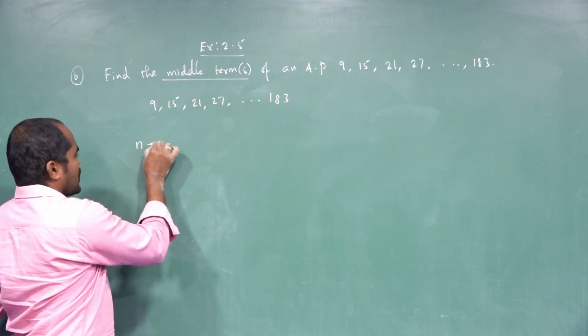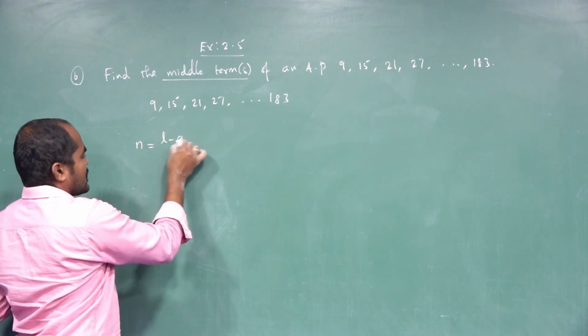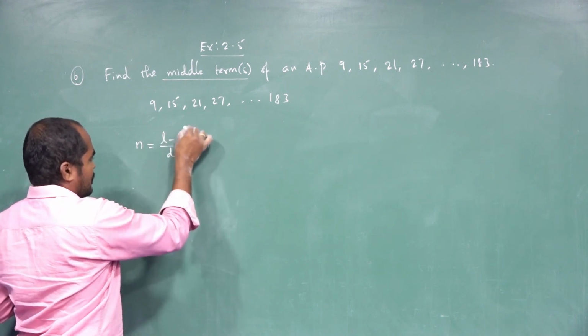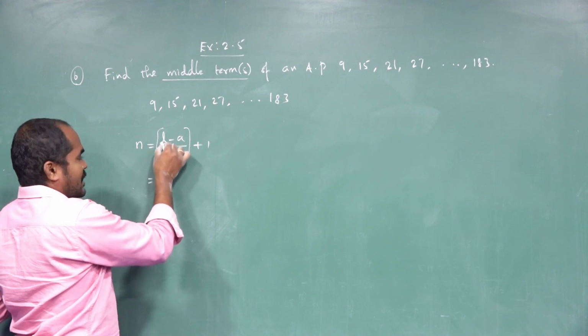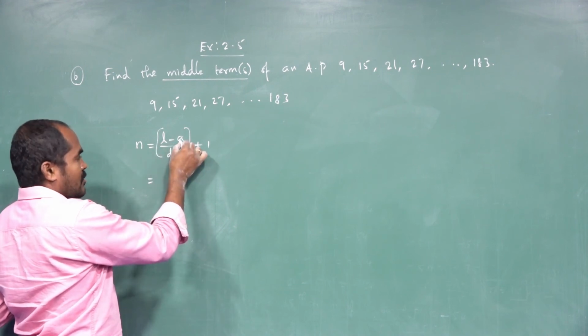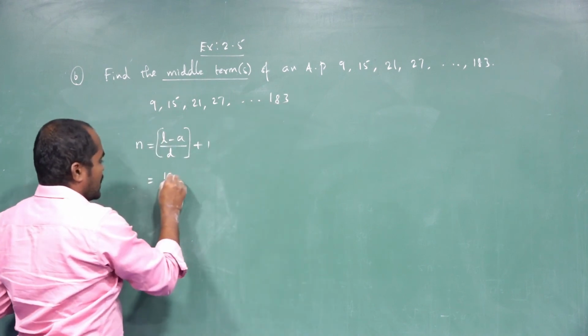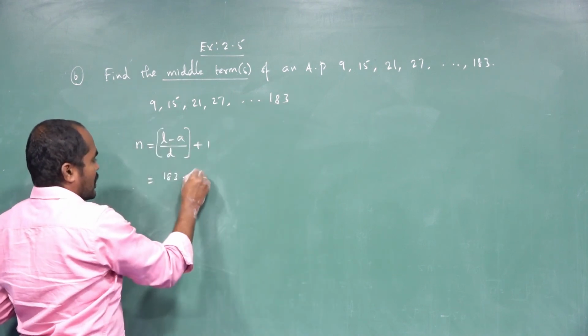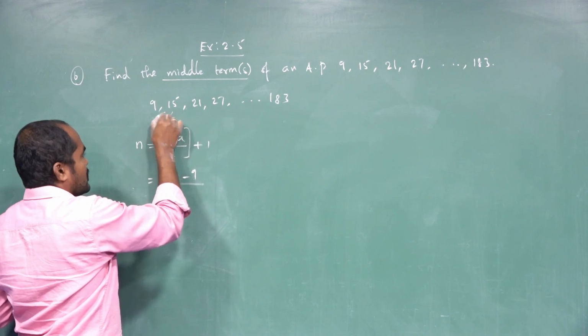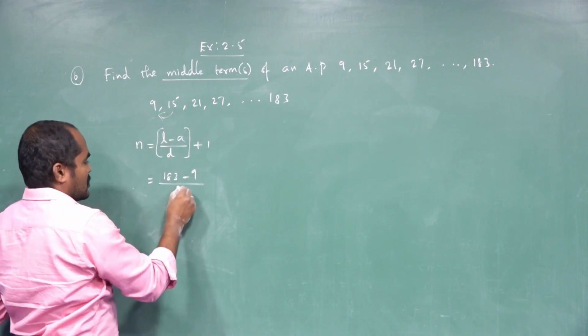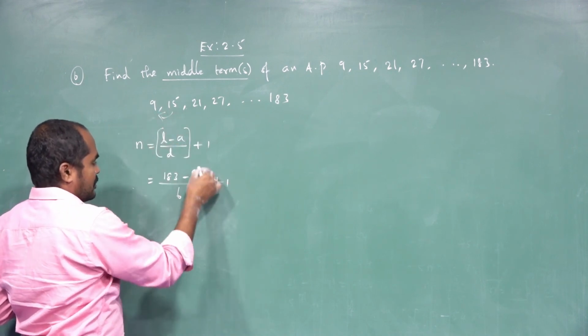So the number of terms in an AP is n equal to (L minus A) by D plus 1. Here L is the last term, A means first term and D is the common difference. The last term is 183 minus first term 9 by common difference, 15 minus 9 is 6, plus 1.